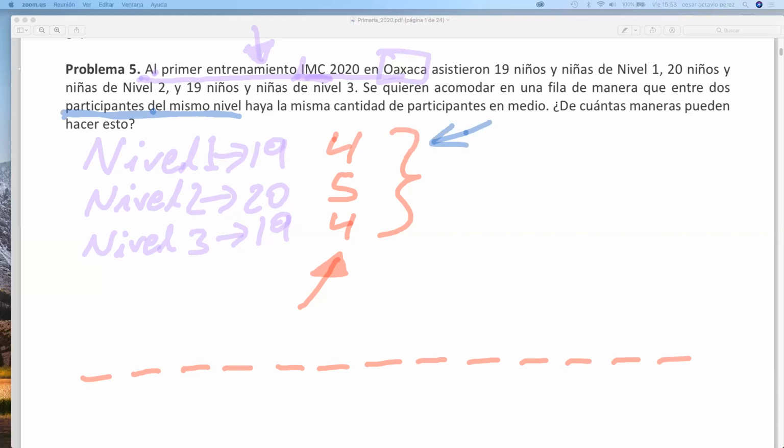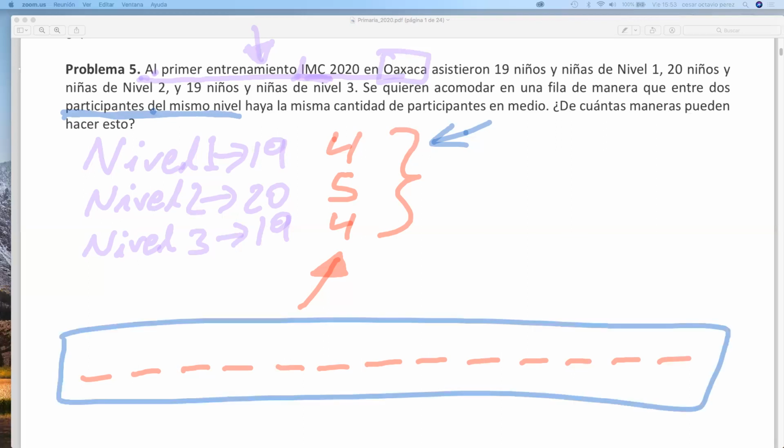For example, we have 13 spaces here, and we need to arrange those 5 contestants. And we need that between every 2 of them, between every 2 contestants of this level, must be the same amount of students.